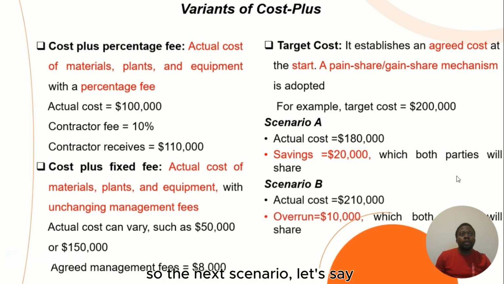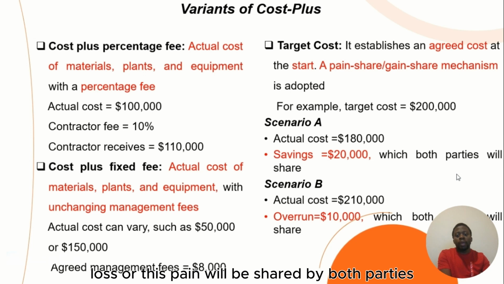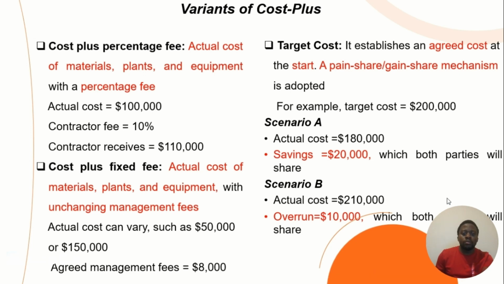For the next scenario, assume the actual cost for the project is $210,000, which exceeds the target cost. So that means the overrun is 10,000, and this loss, or this pain, will be shared by both parties.